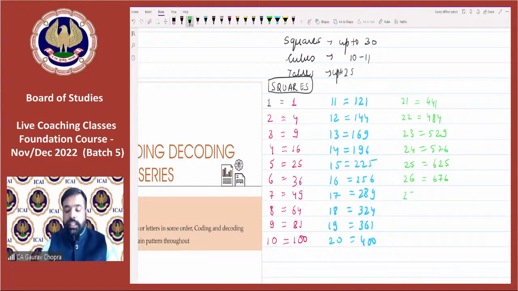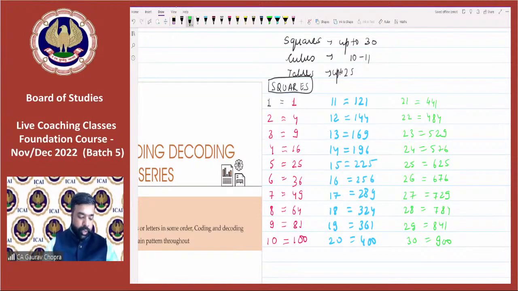For 27 it is 729. For 28, 784. 29 it is 841, and for 30 it is 900. So if we remember all these, it becomes very easy for us to solve the question, and it will take very less time. Right?